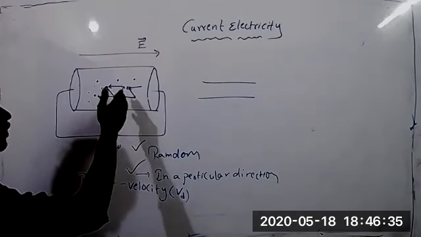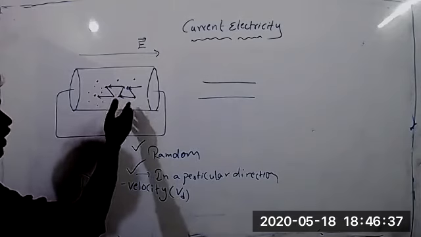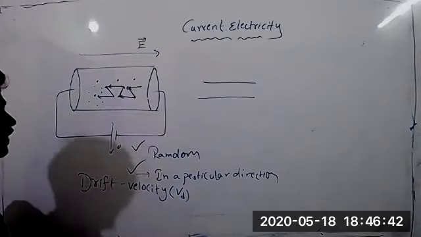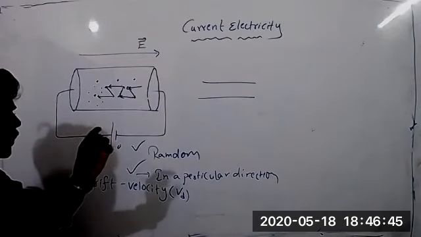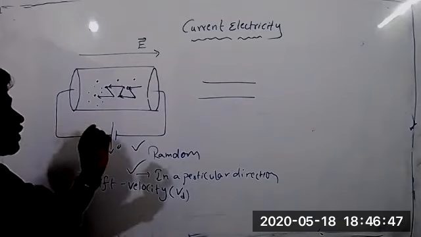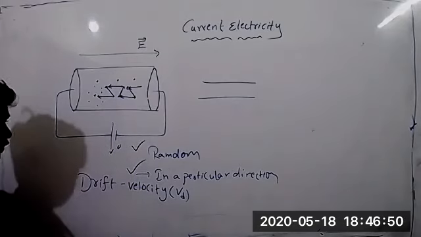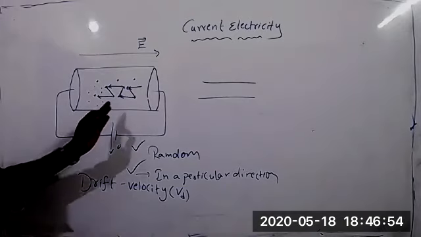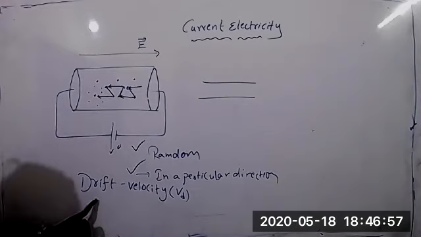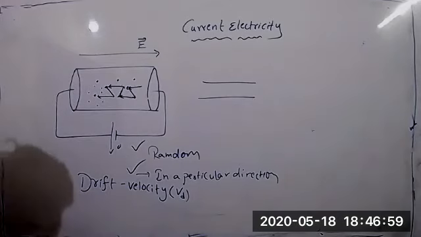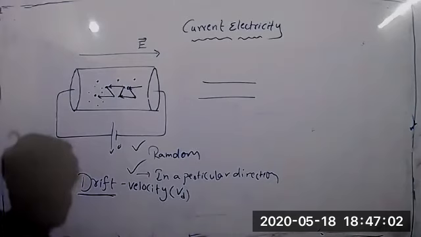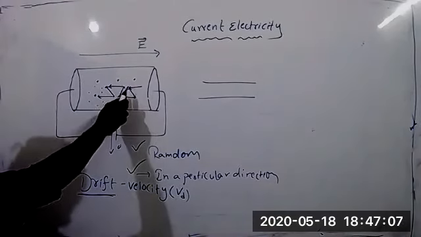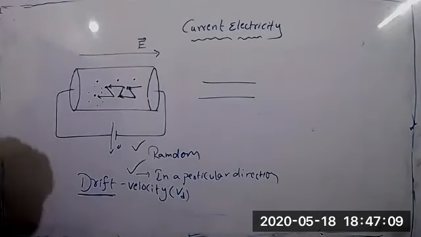So this process will continue in the same manner. Whenever it is drifting opposite to the electric field, it is turning with a minimum amount of velocity. The minimum velocity with which an electron drifts opposite to the electric field is called drift velocity. So you should remember, drift velocity means the minimum velocity with which a particle is drifting opposite to the electric field.